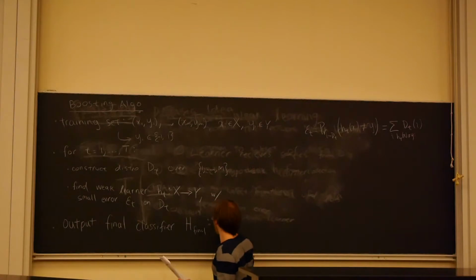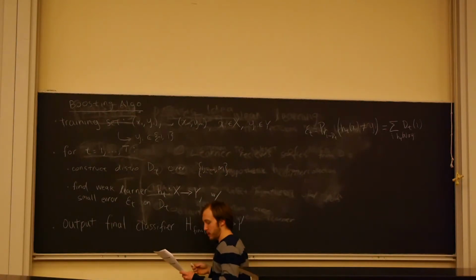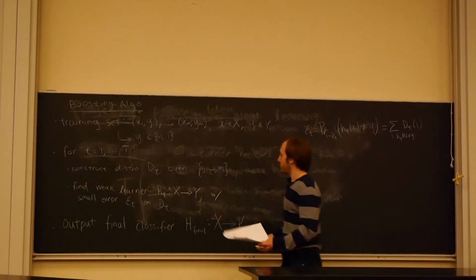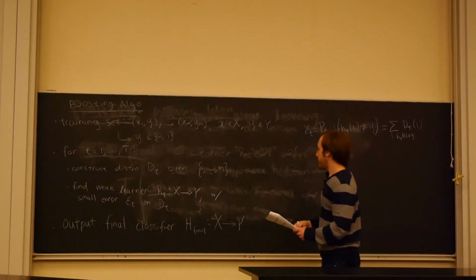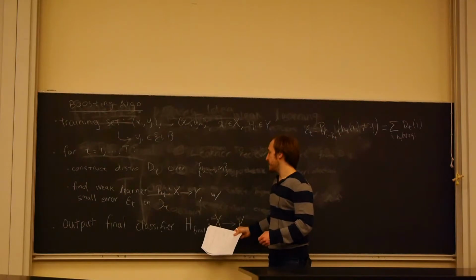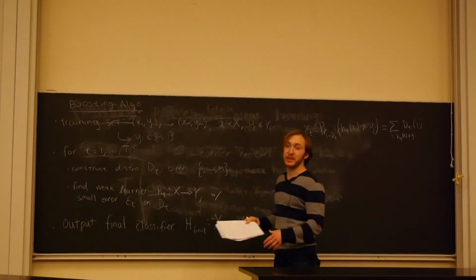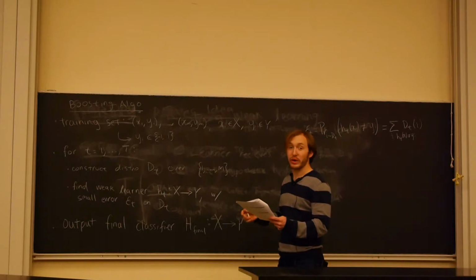And this h final is also a map from X to Y. OK. So we can see here that we hope that this final classifier is going to be a strong learner. Each of these guys within each inner loop could be a weak learner.